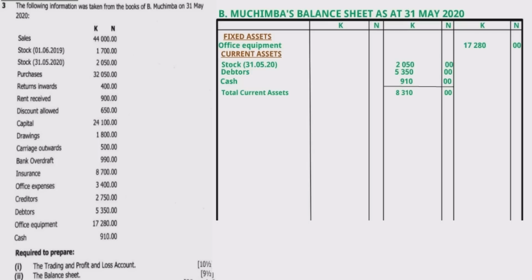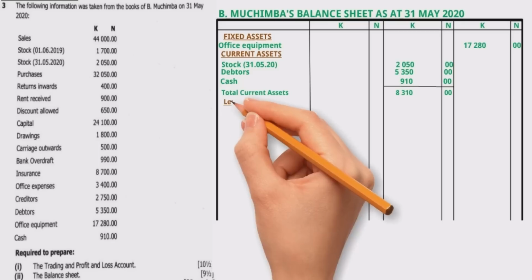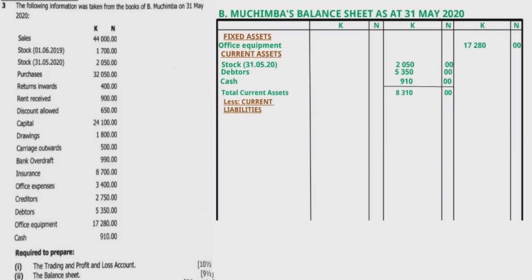Okay, now once I've done that, I'm done with the assets. Now I go to less current liabilities. So what we're trying to do here is we want to find the net assets.